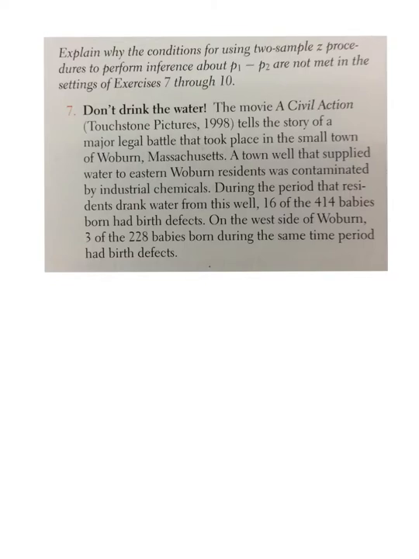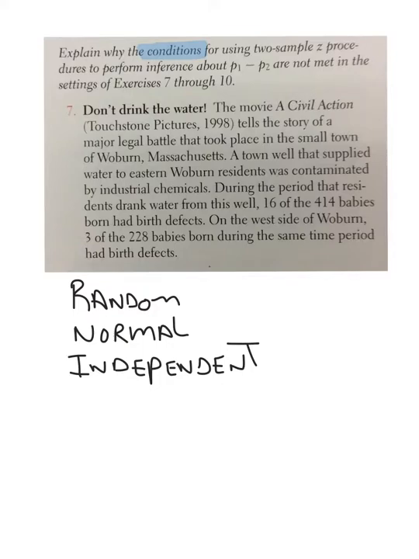Number 7. Now, what we have to do is talk about the conditions for this problem. When they talk about conditions, they are talking about random, normal, and independent. I'm not going to read the question, but it was about this well water, and I think we've got a problem with random because they don't really talk about that.